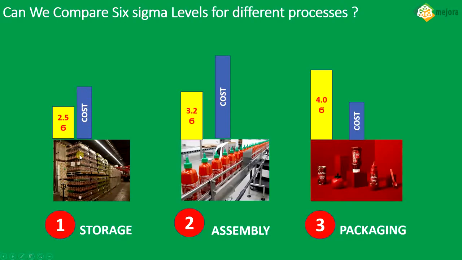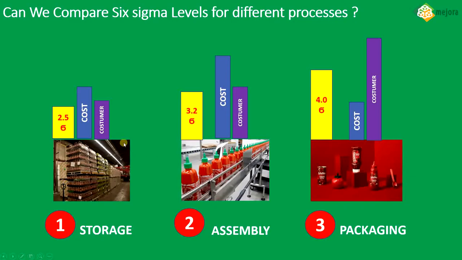I have not used any metric here for simplicity, and this is for your understanding only. For assembly, it is a huge cost because the entire assembly line may have to be dismantled and the infrastructure changed. And packaging would have a very small cost because it's easy to change the packaging part.